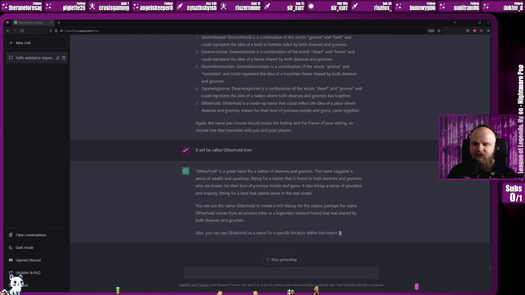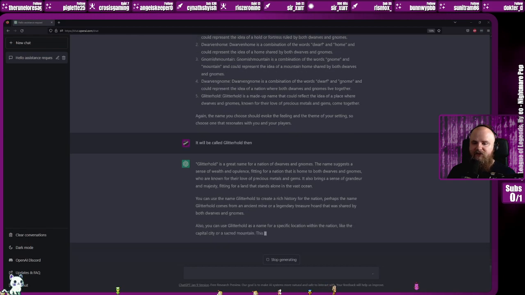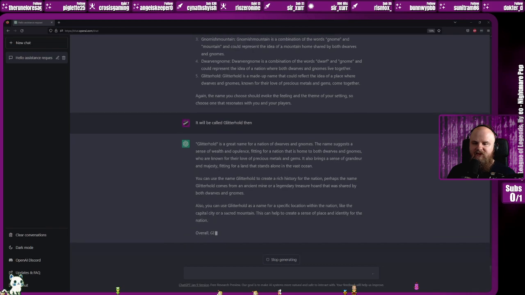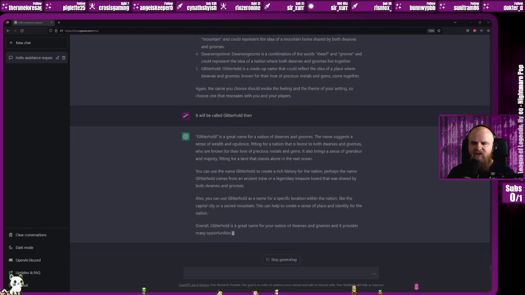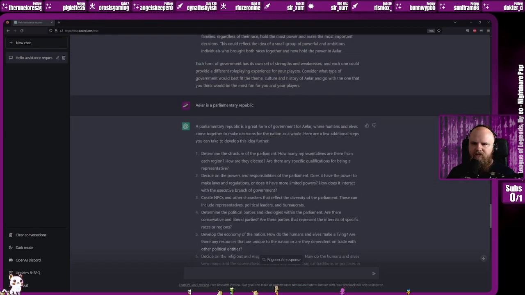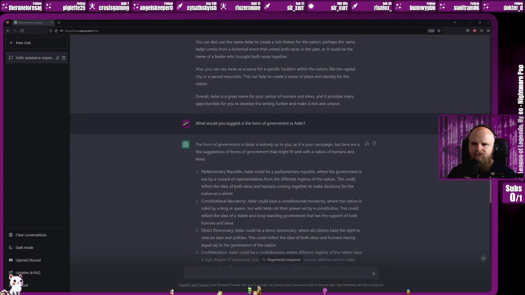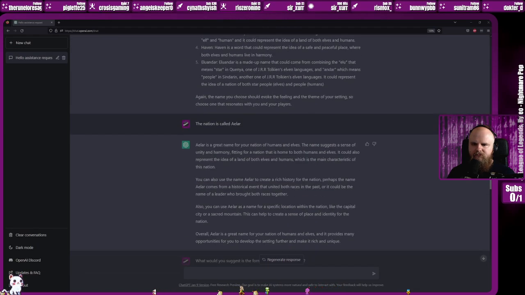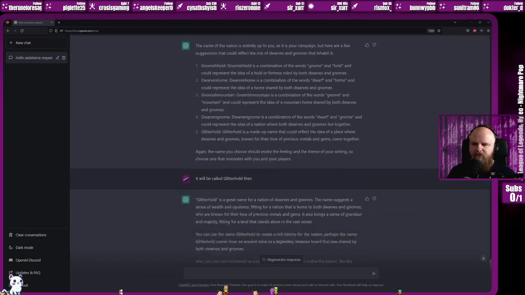Perhaps the name Glitterhold comes from an ancient mine or a legendary treasure hold that was shared by both dwarves and gnomes. So these are new suggestions again, so that's good. Like the previous one was the name of a leader or a historical event.